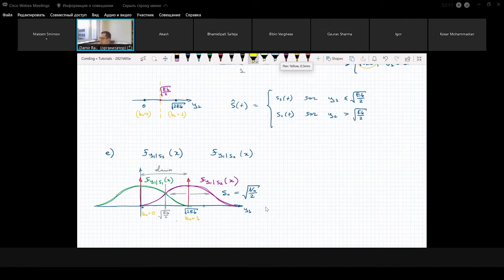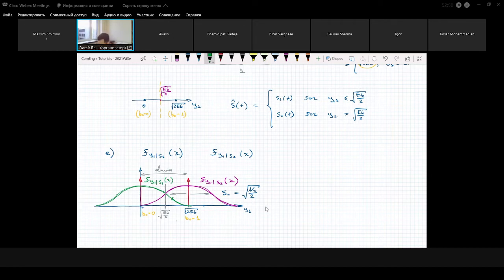But what happens if we were transmitting signal S1, which corresponds to bit 0, but we had very strong noise during transmission, so strong that the voltage after processing exceeds the threshold? There is a non-zero probability that it may happen.